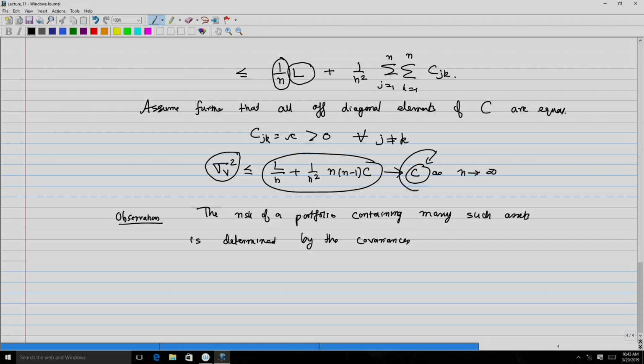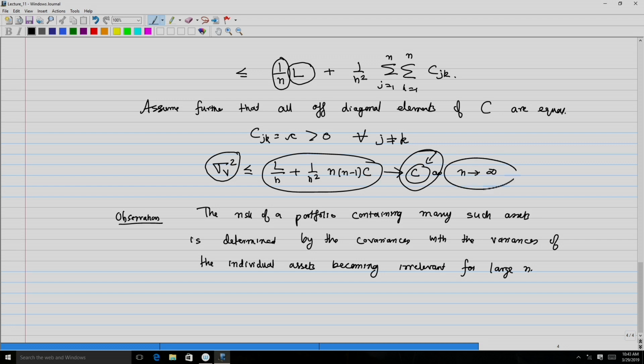So, in this example this was determined by C, with the variances of the individual assets becoming irrelevant for large n, that is for n tends to infinity here.